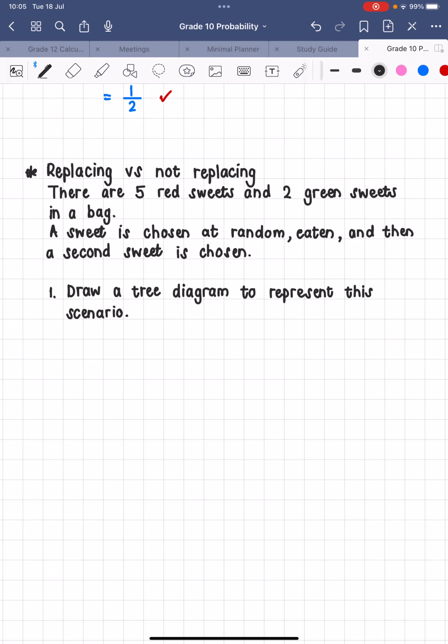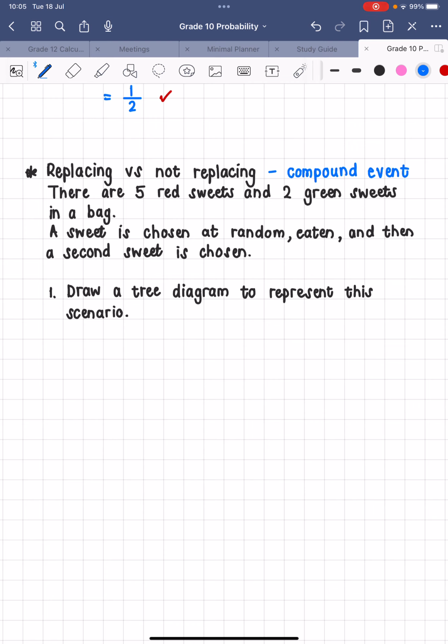Okay, but now because there are 2 sweets being chosen, we call this a compound event. We can add that here next to the heading. Because this issue of replacing versus not replacing only comes in when we have multiple things happening, multiple events. So a compound event. Alright, so now it can be useful to draw a tree diagram.